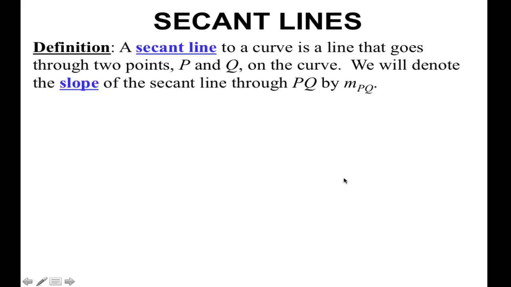So, a little review of secant lines. A secant line to a curve is a line that goes through 2 points, P and Q, on the curve. We will denote the slope of the secant line through PQ by m sub PQ, so the slope of segment PQ.